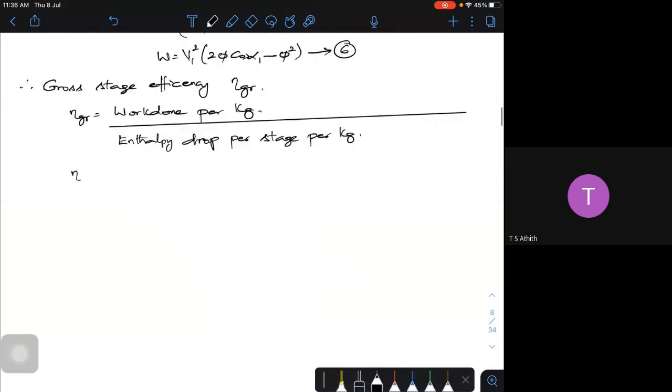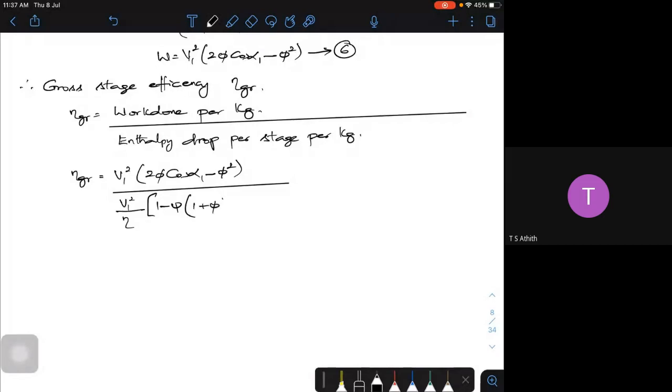So your gross stage efficiency is equal to V1 square into 2 phi cos alpha 1 minus phi square, divided by V1 square by the nozzle efficiency, into 1 minus psi into 1 plus phi square minus 2 phi cos alpha 1.